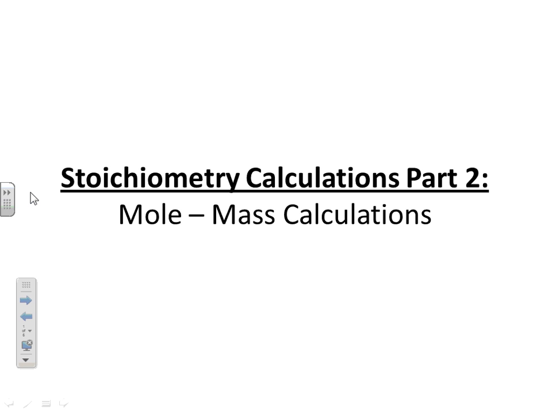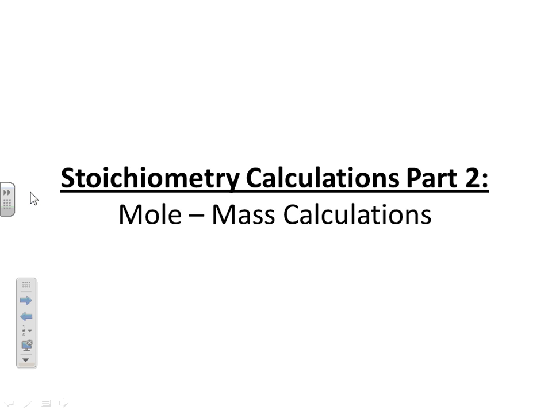I do not have a scale that I can put something on and it tells me how many moles of the substance there is. What does the scale read? What does the scale tell me? Grams. It tells me the mass. But if I know the molar mass, I can get the moles. So that's what we're going to do today.